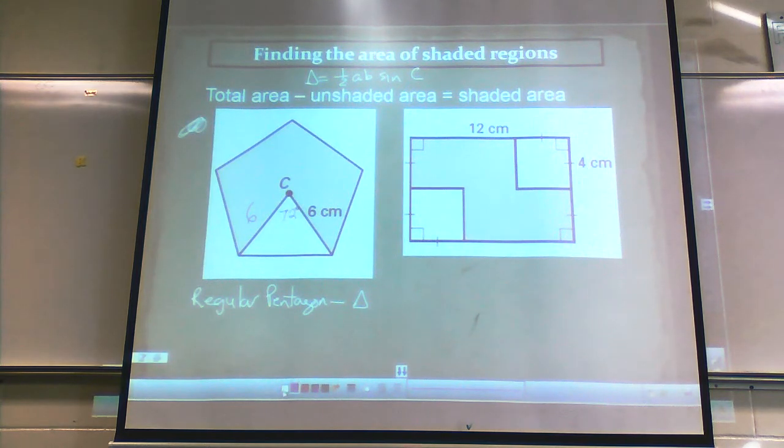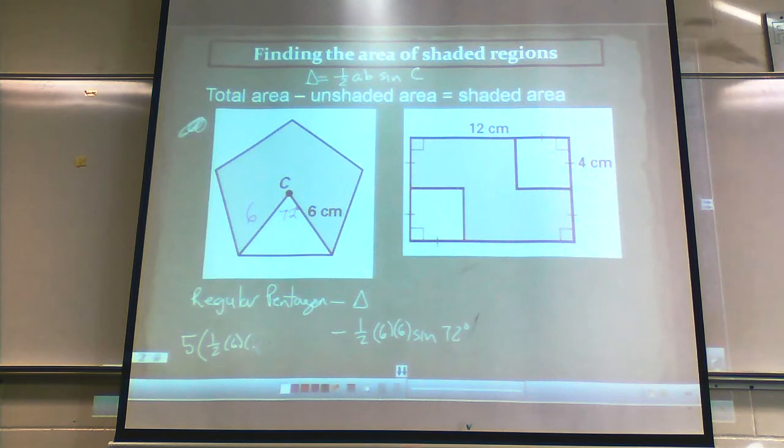All right, so the way I'm going to set this up is, for the triangle, it's going to be minus 1/2 times 6 times 6 times the sine of the angle between them. And that formula is the exact same thing I'm going to have over here for the pentagon. Just remember, it's made up of 5 of those, so I'm just going to multiply that by 5.